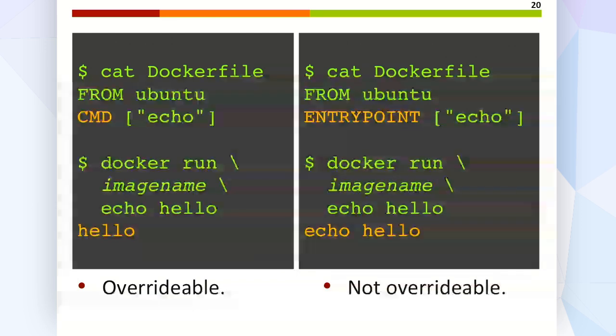So if the Docker file just says command echo, and then you say Docker run my image echo hello, it's going to replace the command with whatever I typed. So the output is hello. With an entry point, it's not replacing it. It's adding whatever you typed to the end of the entry point. So if you type Docker run echo hello, it actually outputs echo hello, because that's getting passed into the echo entry point.